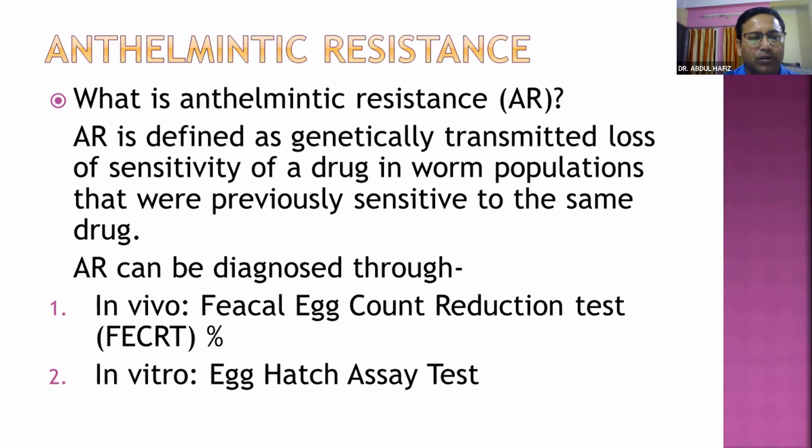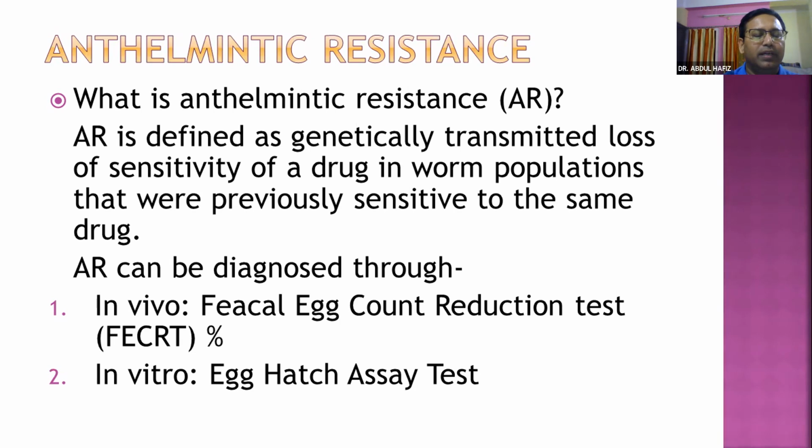AR can be diagnosed in vivo, that means by the fecal egg count reduction test. 95 percent and above is considered sensitive. That means below 95% it is considered resistant. And there is the in vitro egg hatch assay.